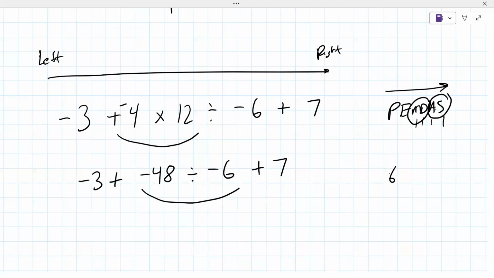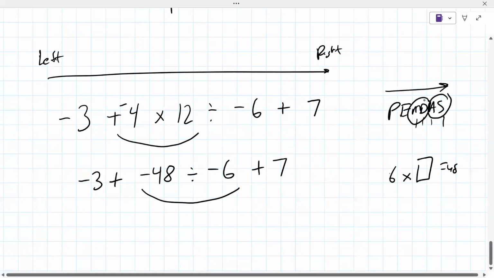It is not 7. So 6 times what number gets you to 48? 8. The answer is 8. Yeah. So is it positive or -8? So -8. Why is it negative?